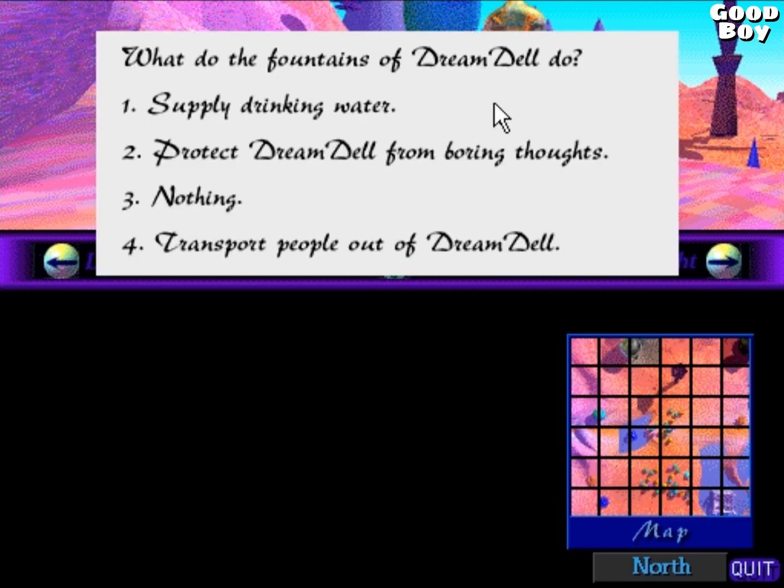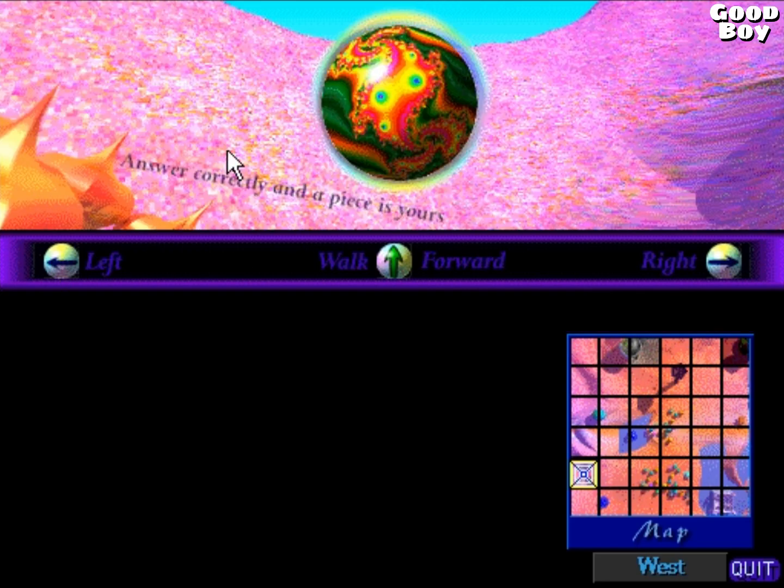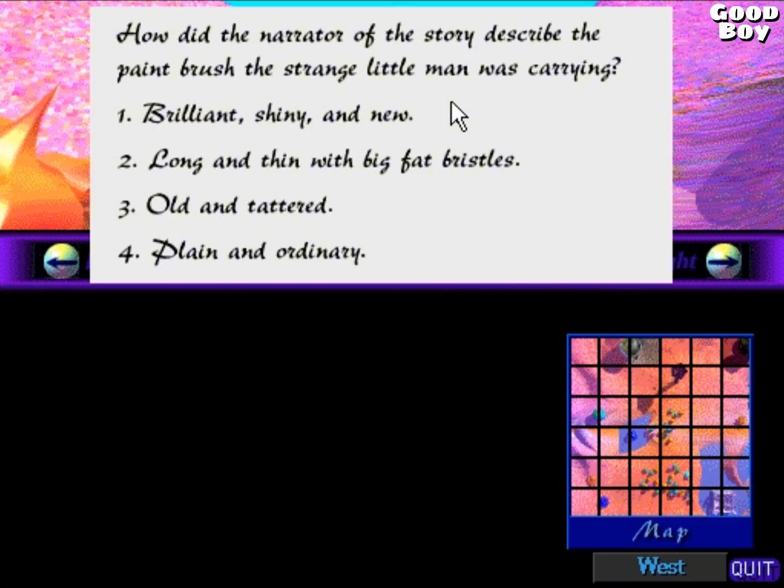What do the fountains of Dreamdell do? How did the narrator of the story describe the paintbrush the strange little man was carrying?